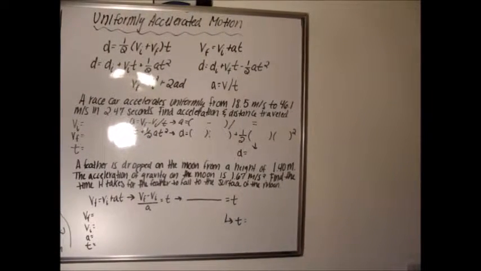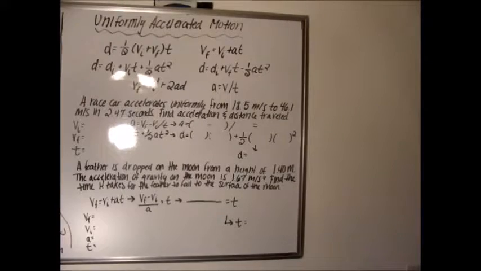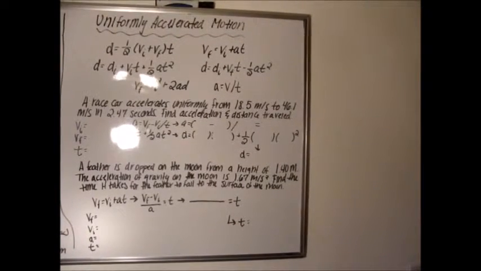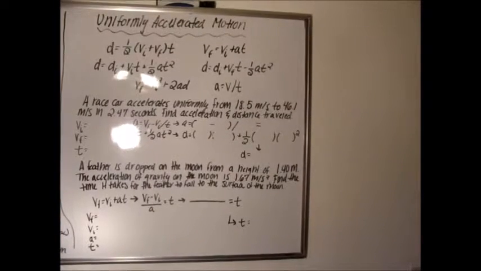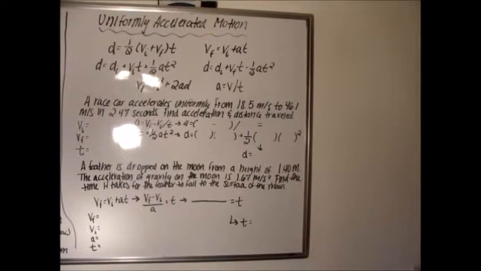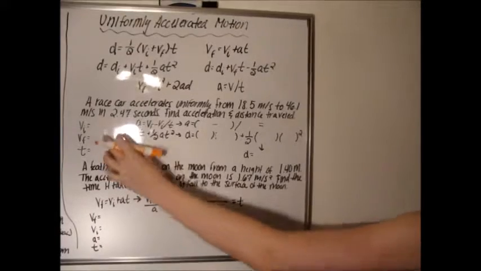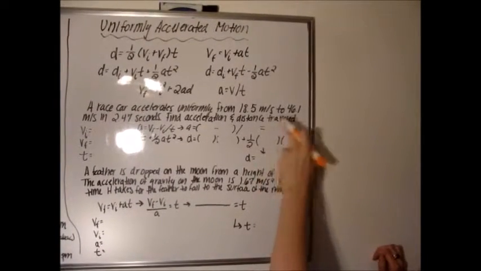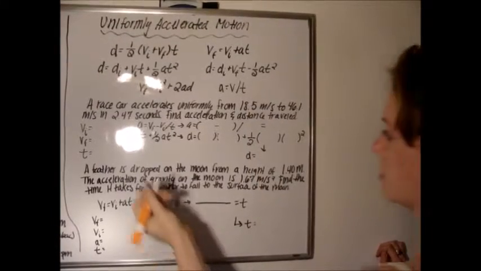So the first practice problem is a race car accelerates uniformly from 18.5 meters per second to 46.1 meters per second in 2.4 seconds. Find acceleration and distance traveled. So I've just written what our variables are over here, or our known variables. So the initial velocity is going to be this 18.5 meters per second.